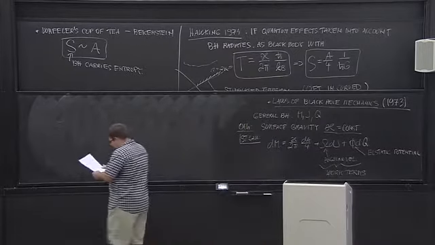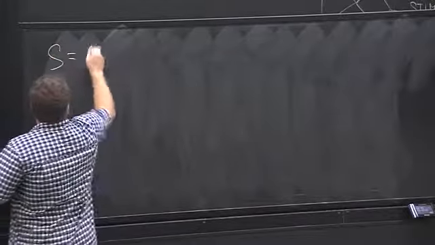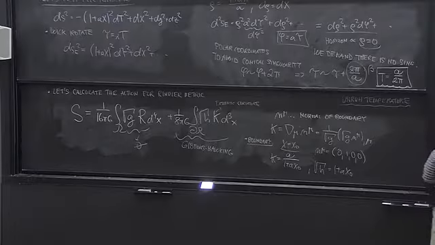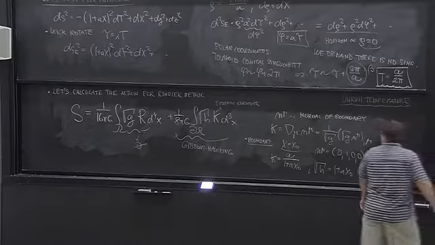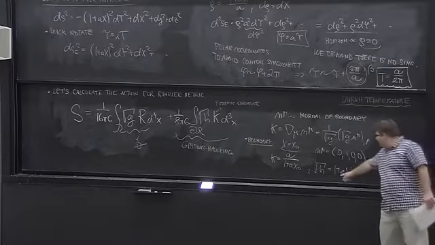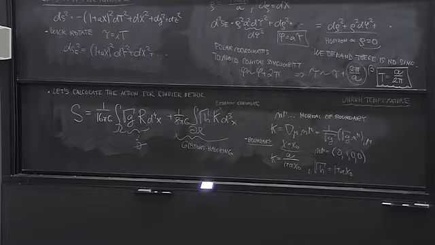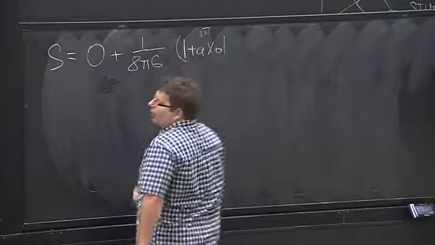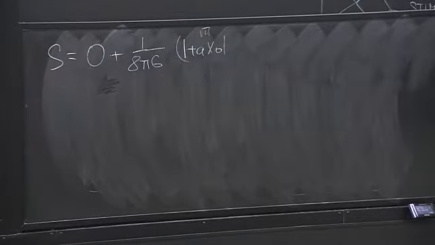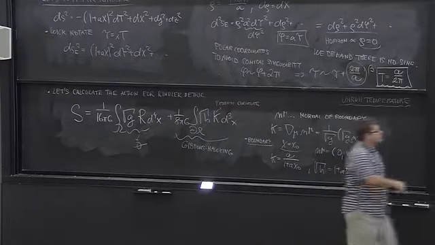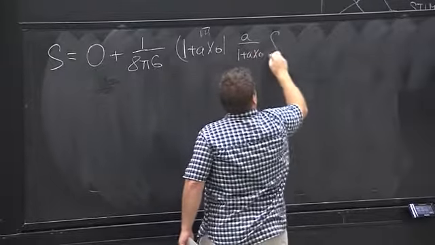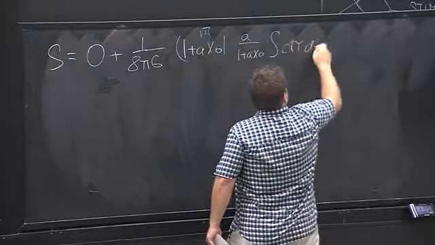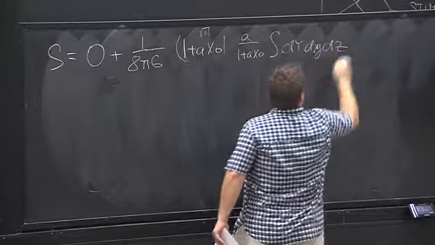So the action is equal to 0 from the Einstein-Hilbert term plus 1 over 8 pi g, and then square root of h is just 1 plus a x0, and then k is just a over 1 plus a x0, and then I have an integral over d tau, dy, and dz.